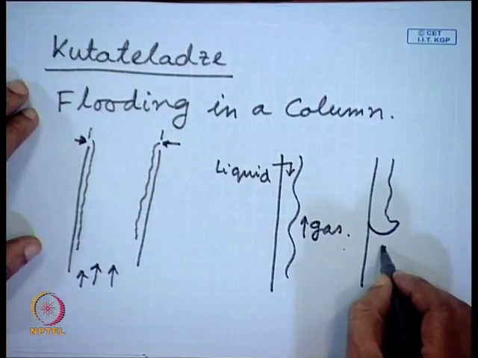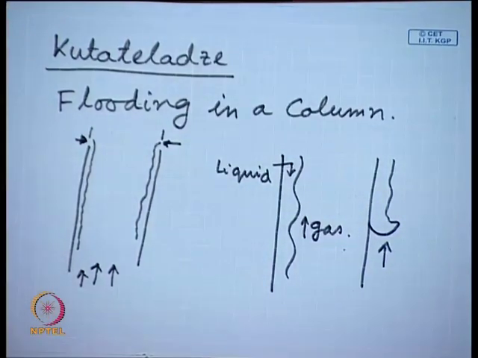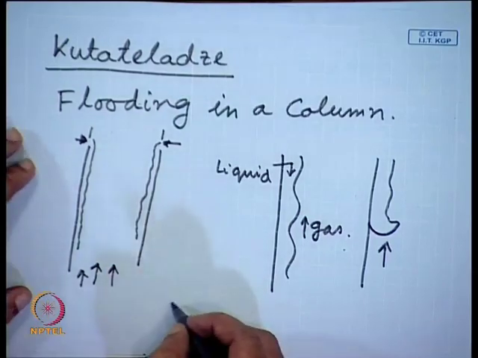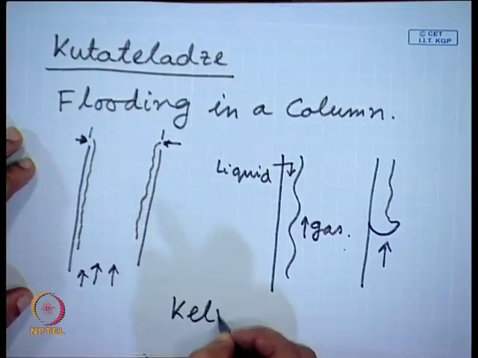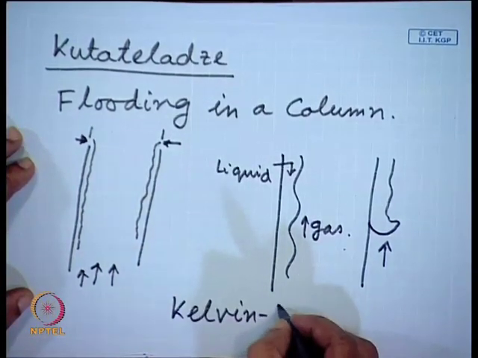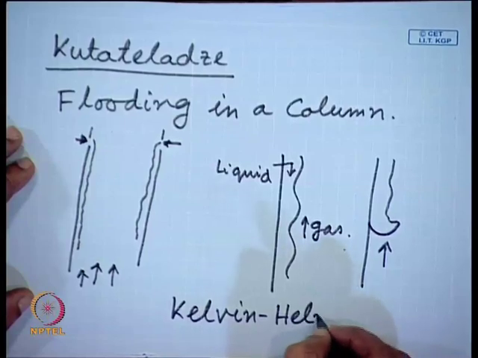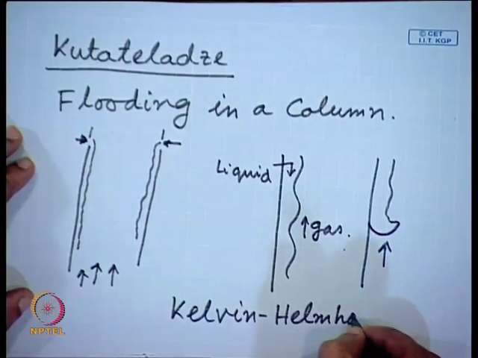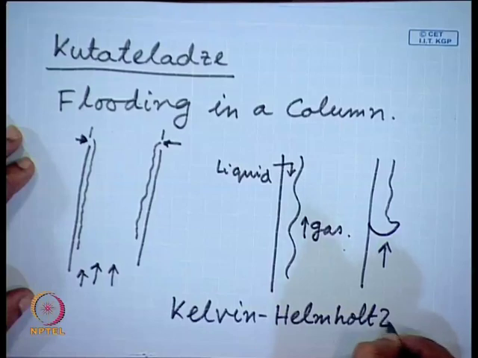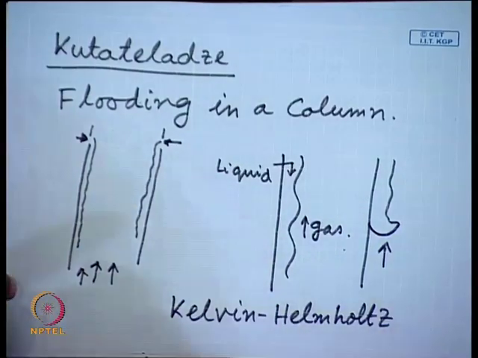The gas will try to push the liquid in the opposite direction. So, this phenomenon is known as flooding, and this is due to some instability which is known as Kelvin-Helmholtz instability.